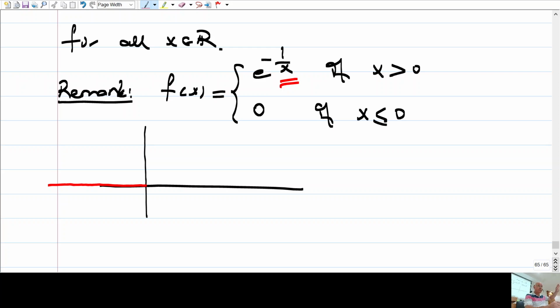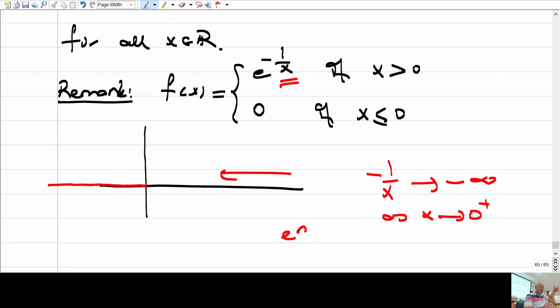but you have a minus sign here. So minus 1 over x goes to minus infinity as x approaches 0 from the right. If you approach this way, this goes to minus infinity. E to the power minus infinity, of course, will go to 0.